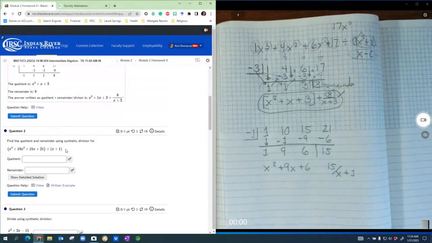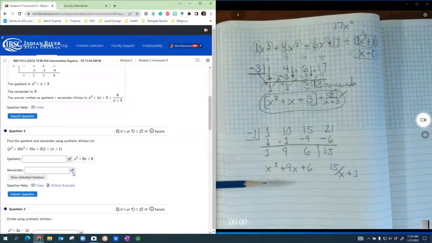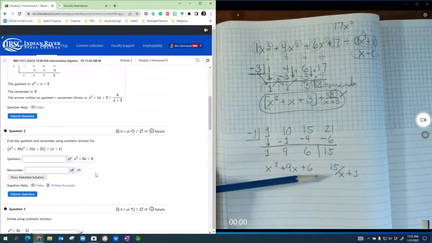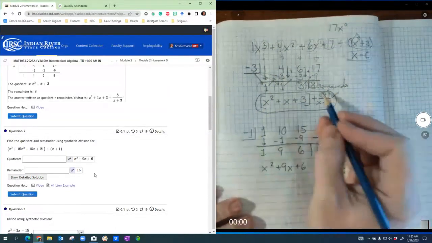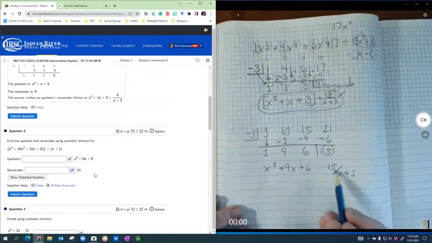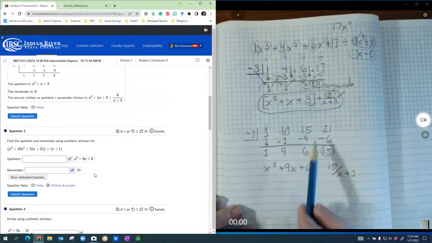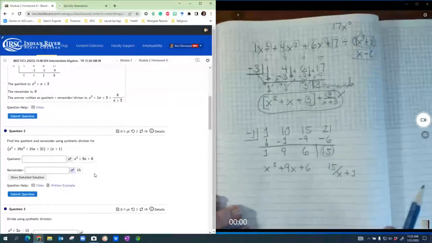Now let's see how they display the answer. There's the quotient, which I gave you. Here is the remainder, and that's why I put remainder up here. They're looking for just this number. The answer written as above, the entire thing, is proper when we put the 15 divided by the x plus 1.